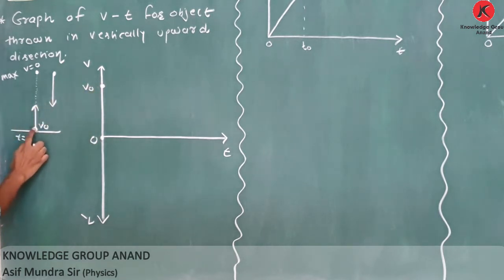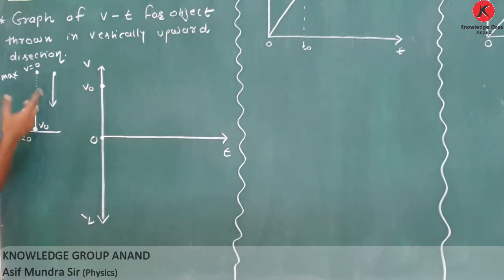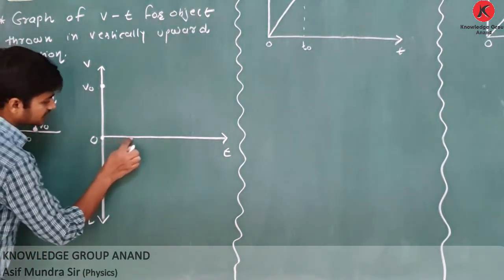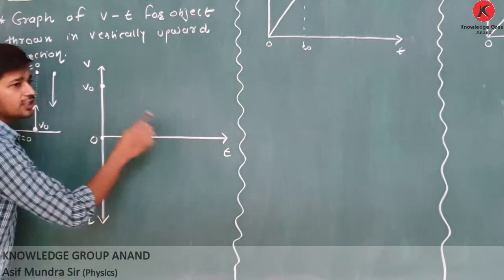Now as the object moves upward, time increases. At this point, that is maximum height, its velocity becomes 0. And you know what this time is? This time is Tm, v0 upon g. As time increases, its velocity decreases.